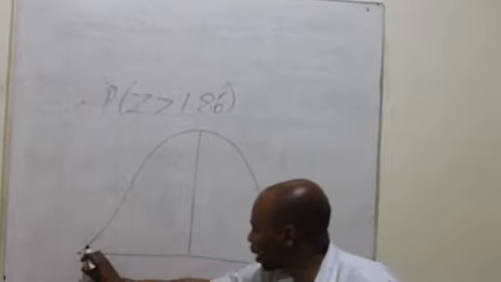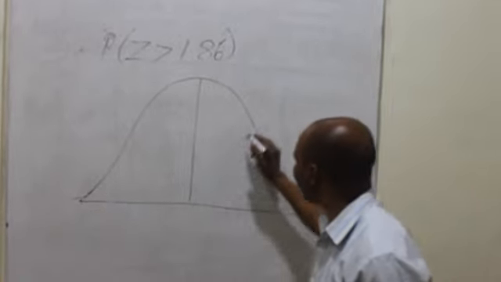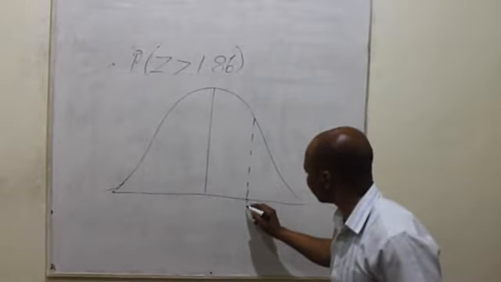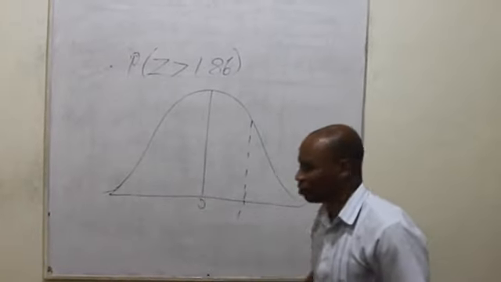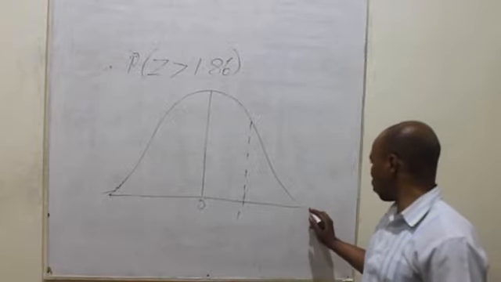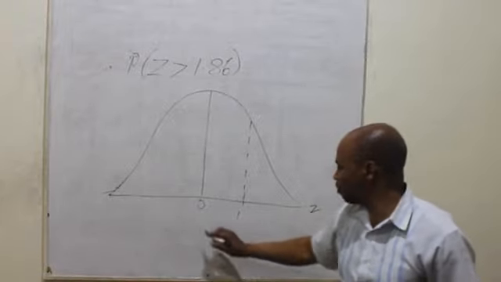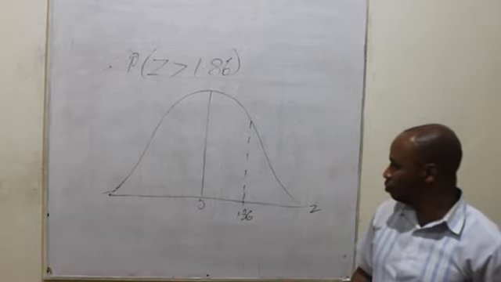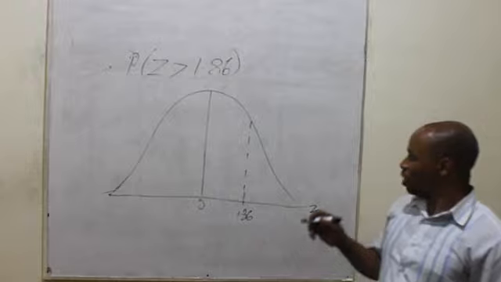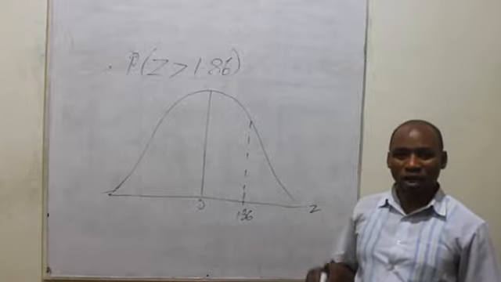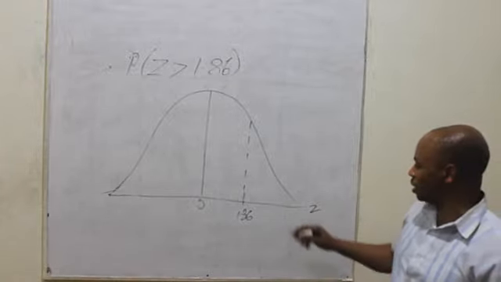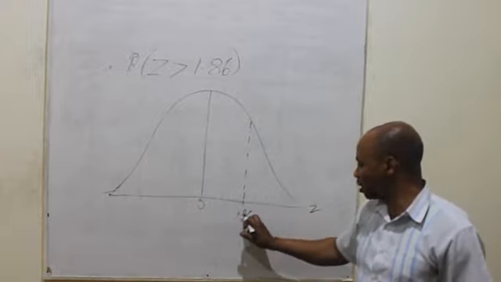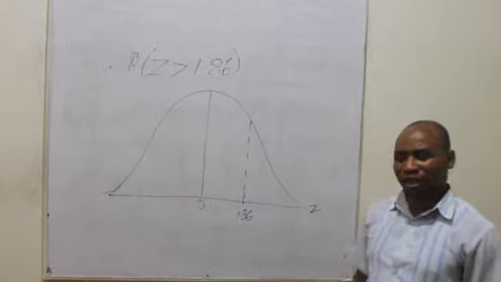So right from here, let's say this is the mean. Of course, it's a z-score, so this is the z-score. This is the mean, and this is 1.86. We are looking for the area that corresponds to values greater than 1.86.